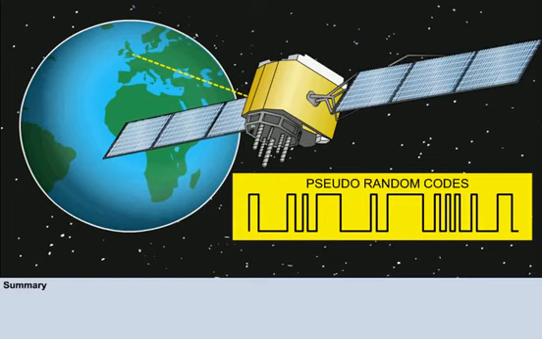Pseudo-random codes identify the satellite and provide the time using code correlation technique. The range is the time between the satellite signal and the receiver signal codes times the speed of electromagnetic waves.